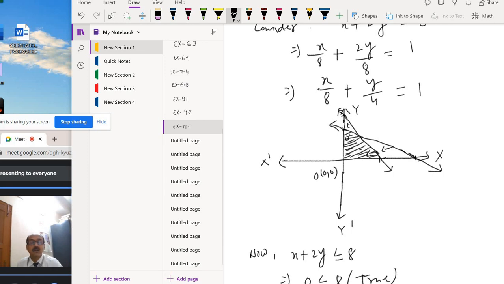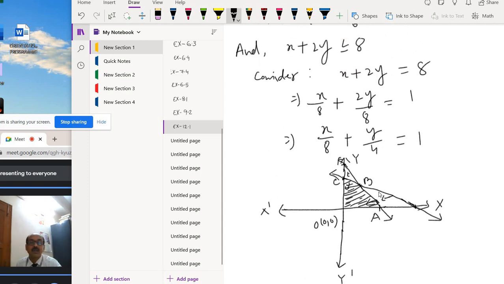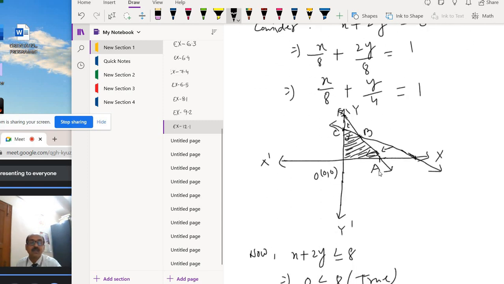Now find the corner points of the common region. Take this point as A, and this intersection point is B, and this point is C. So A is x equals 4, y equals 0, that is 4, 0.